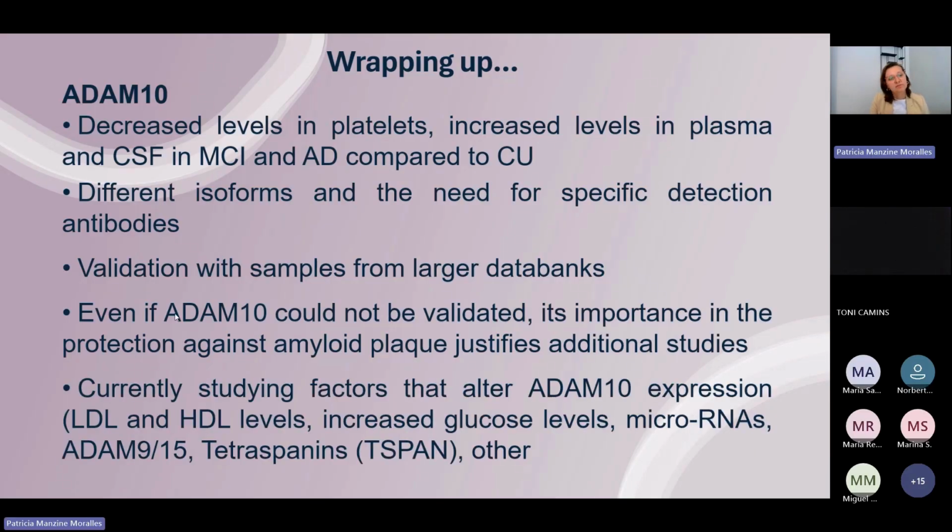So now we are trying to understand other factors that could alter ADN10 levels and expression, for example, studies using LDL or HDL levels, increased glucose levels, or the microRNAs that I'm analyzing here, ADN9, ADN15, also tretazepam and others that can regulate ADN10.